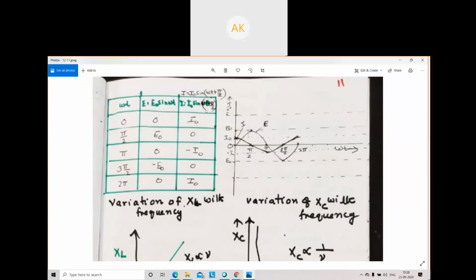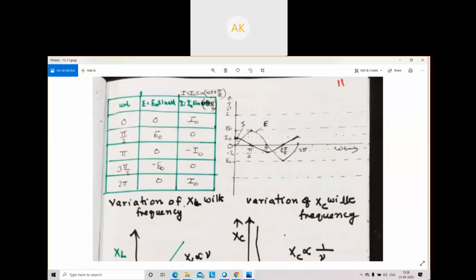What is I? You see, omega t plus pi by 2. Even if omega t is 0, there is still pi by 2. Sin 90, sin takes its maximum value. So I becomes equal to I0. So EMF is 0, but current is at its maximum value.